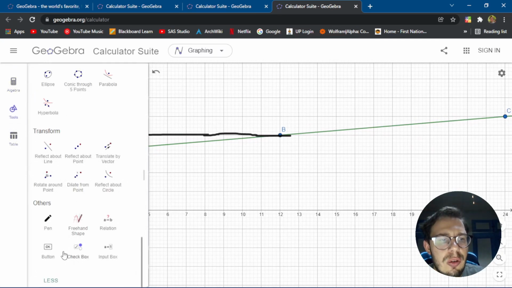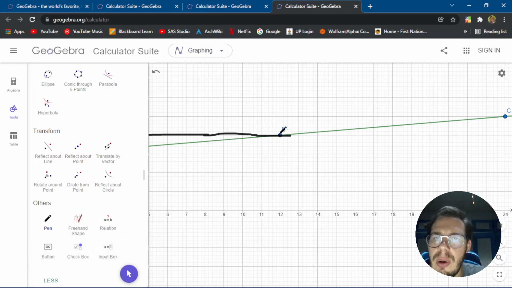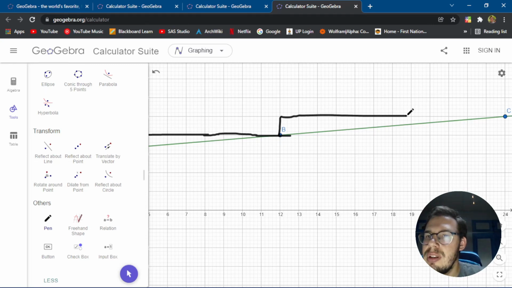Then for our next point, the change in y is 1, which is positive. So we go up 1 and we go to the right 12 because the change in x is 12, which is positive. So we go to the right 1, 2, 3, 4, 5, 6, 7, 8, 9, 10, 11, 12.